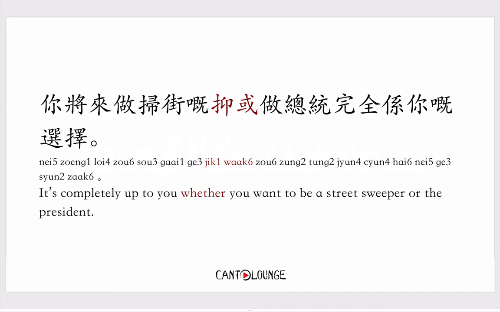So whether you choose to be a sweeper or 做總統 be the president, 完全係 completely is 你嘅選擇 your choice. Right? Very interesting thing to say to a kid, but there we go.